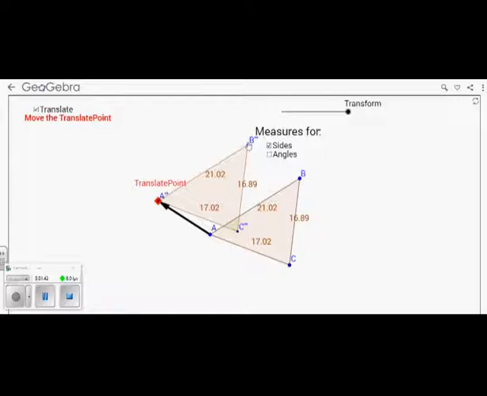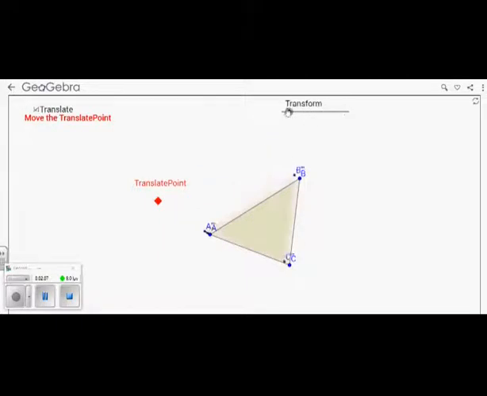And I don't know why they label it as triple primes, but this corresponding side, B triple prime, C triple prime, is the same, 16.89. The same can be said for any of the corresponding angles that you go to. 76.63 degrees, 76.63 degrees. So again, because there has been a rigid motion that was performed, a translation, these two triangles are congruent, meaning if I take the triangle back and put them on top of each other, they are exactly the same.